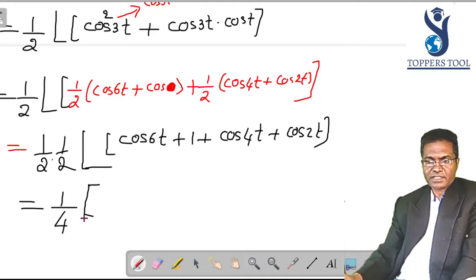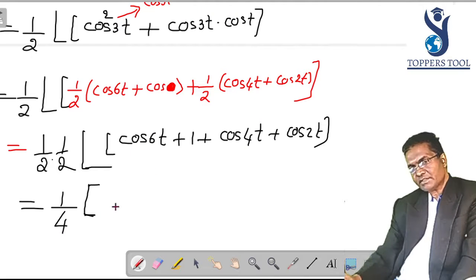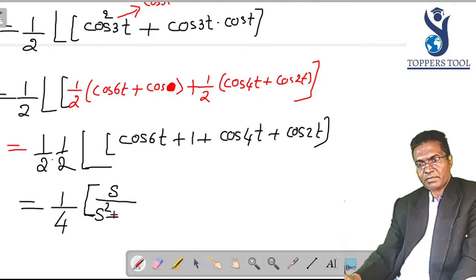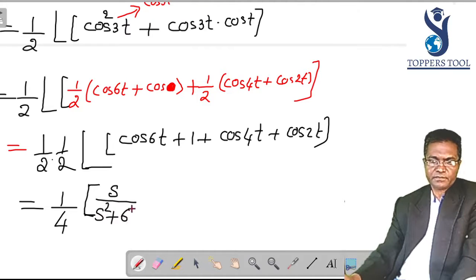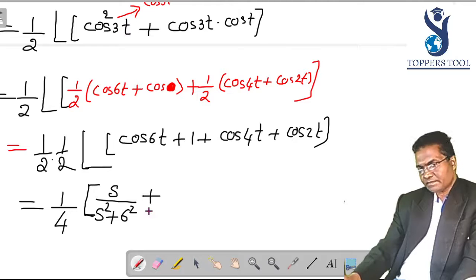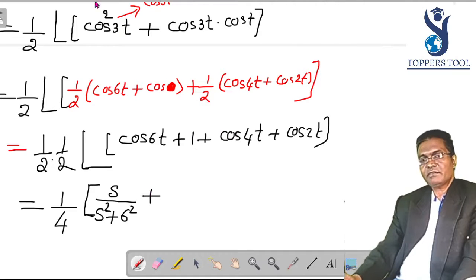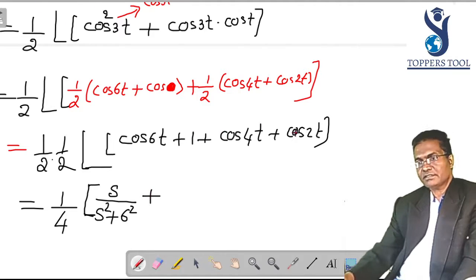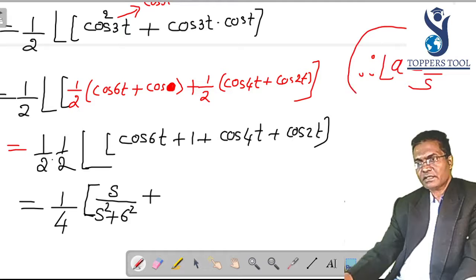Now apply Laplace transform. Okay. Laplace transform of cos 6t is s by s square plus 6 square, one can write directly 36. Laplace transform of any constant, remember this, Laplace transform of A is A by s.